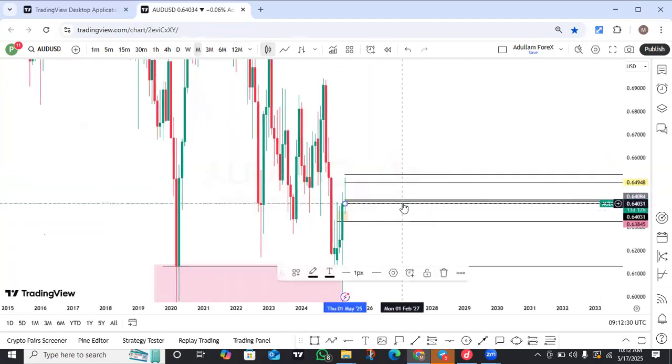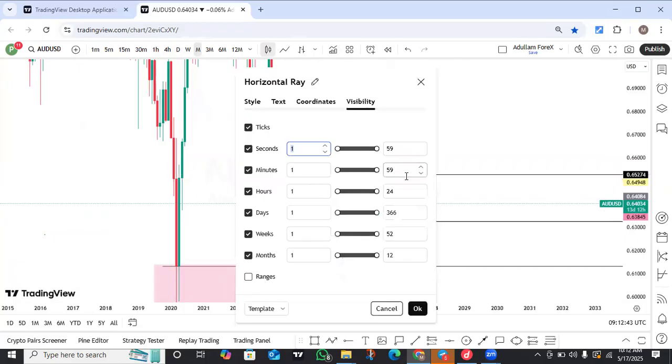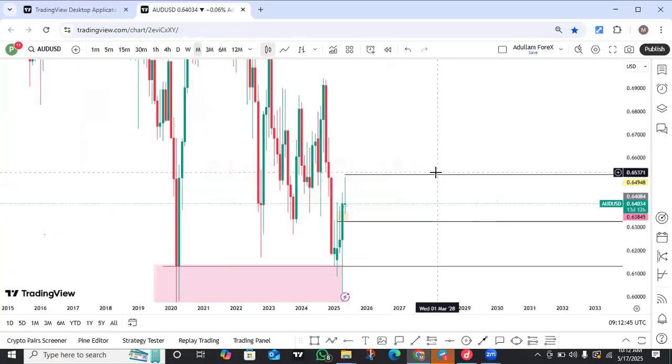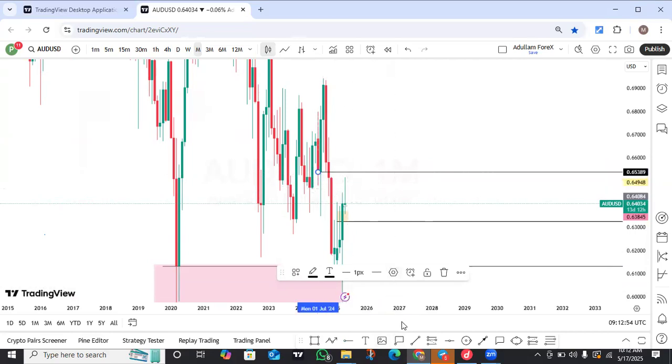Can I clear the chart? Guys, my AUD chart is so rough. So we have this late blind spot retest here where price was rejecting from, right?